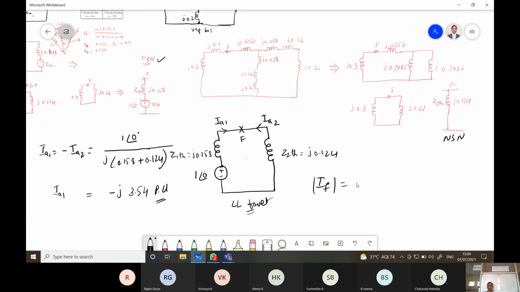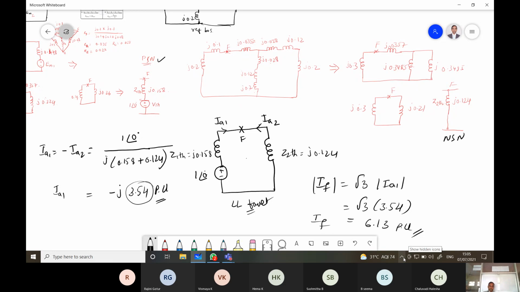IF is equal to root 3 times of IA1 magnitude. So IF is equal to root 3 times of, only take magnitude, that is 3.54. So IF we will get 6.13 per unit.